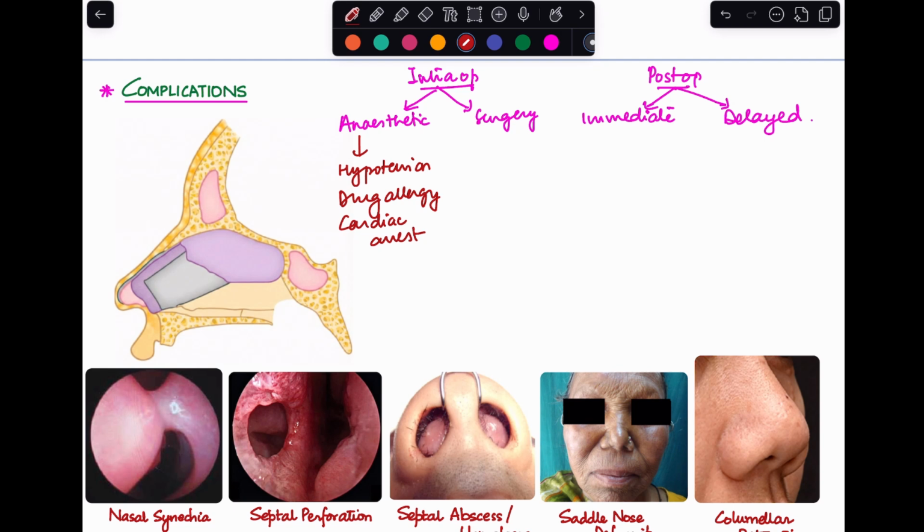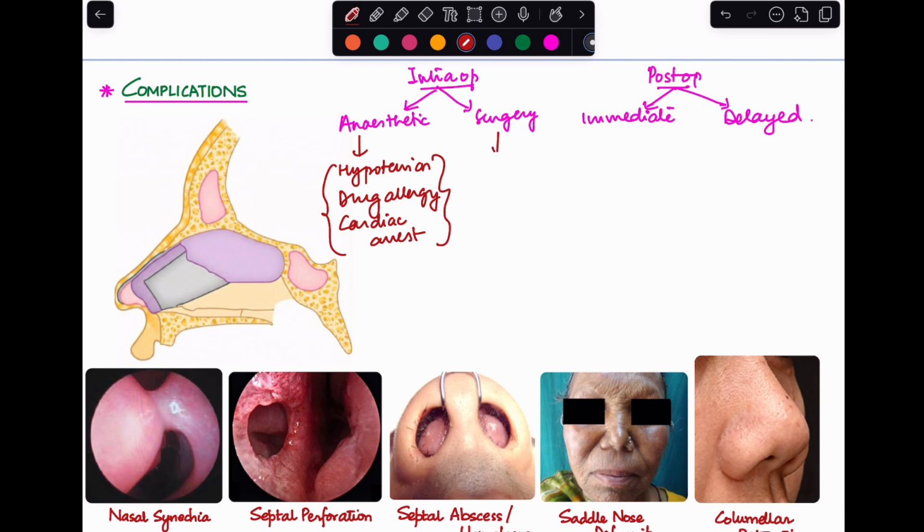So these are all different complications that can happen from the anesthetic side of things, and this will usually be managed by the anesthetist intraoperatively. And these are all things that can be preventable by doing a good pre-operative assessment before even the surgery has begun. So these are the anesthetic complications.